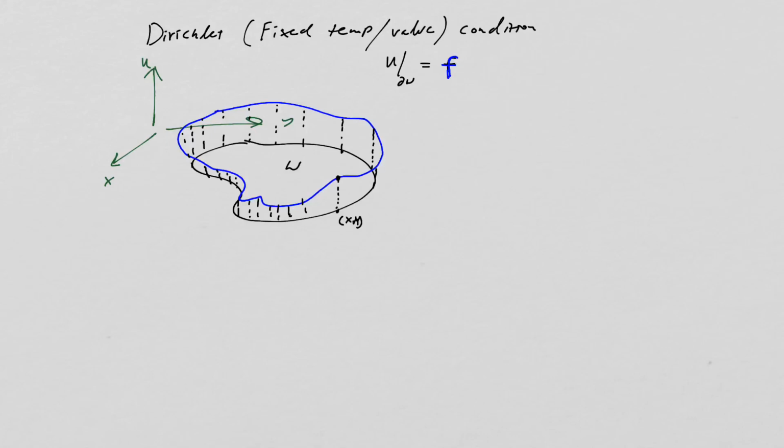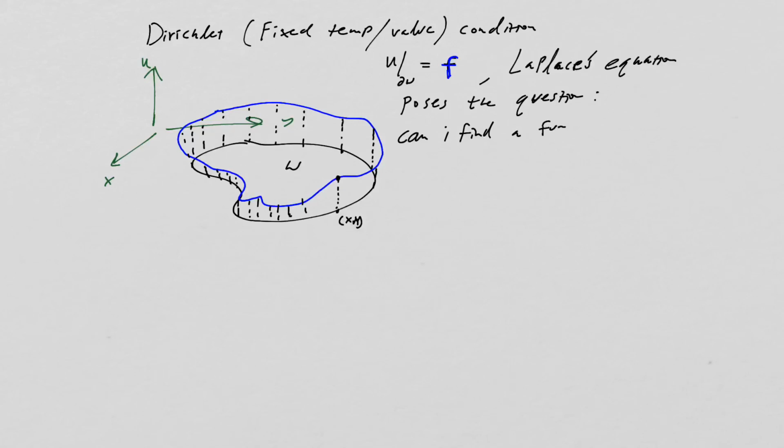Right, so the question that Laplace's equation poses is: can I find a function u of x comma y such that u on the boundary equals f and grad squared u is equal to 0?